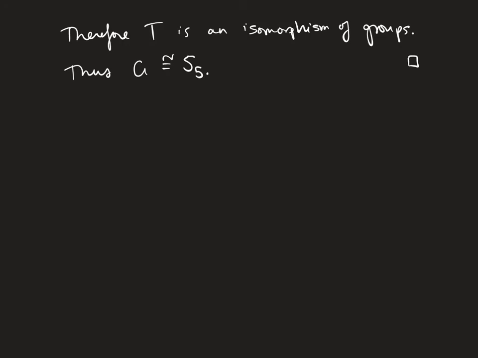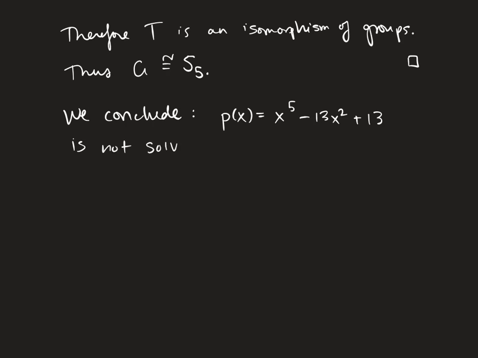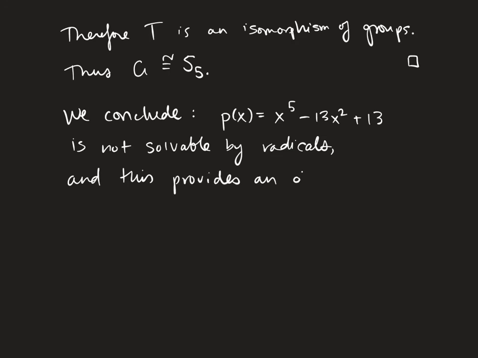So, what we can conclude is that P of x, the polynomial that we looked at earlier, x to the 5th minus 13x squared plus 13, is not solvable by radicals. And this provides an obstruction to an algebraic quintic formula.